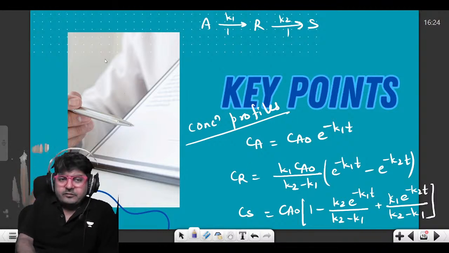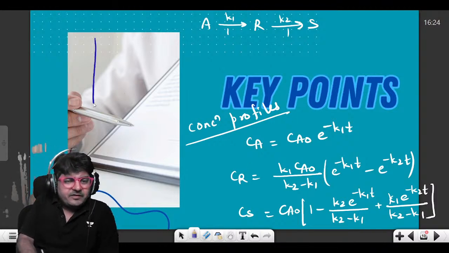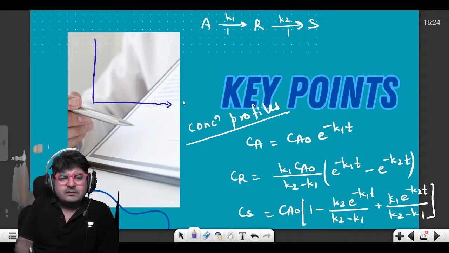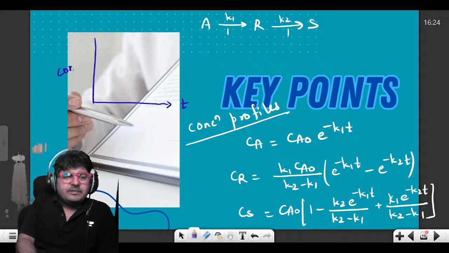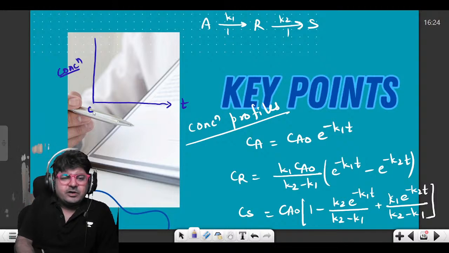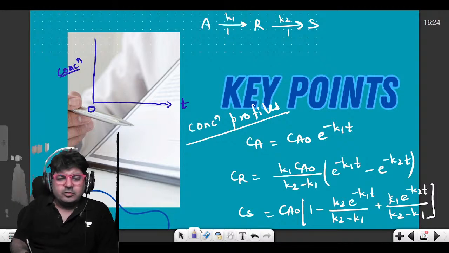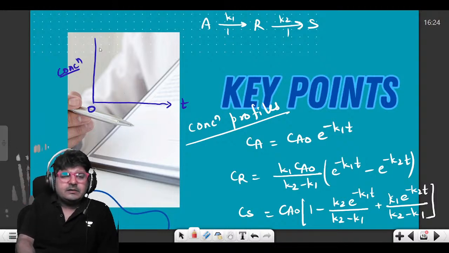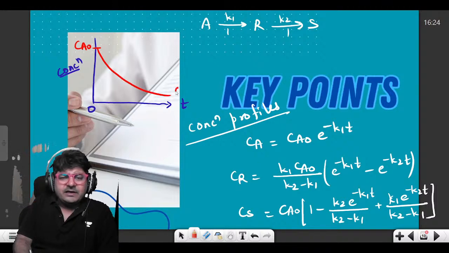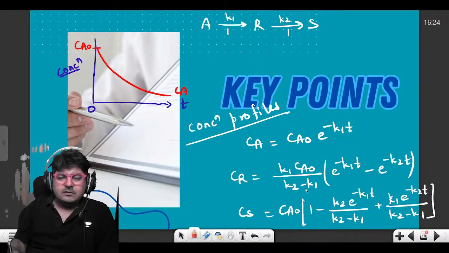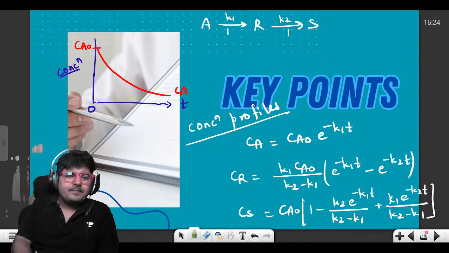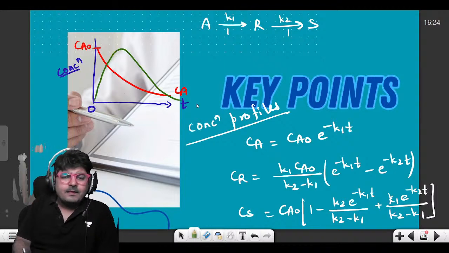And if you try to draw these concentration profiles on a graph, between concentration versus T, here for A at T equal to 0, Ca equal to Ca naught. The profile will be something like this. For R, it will be something like this.